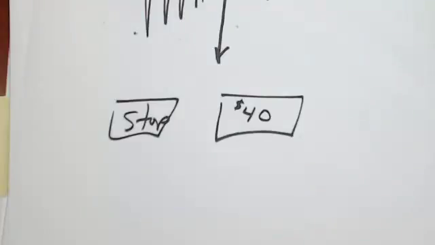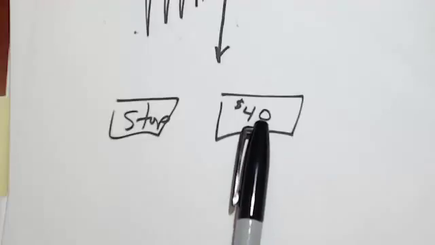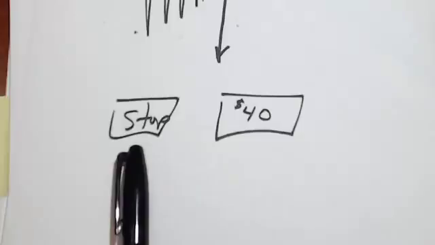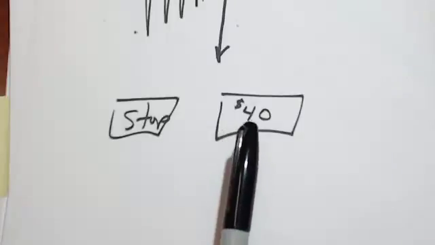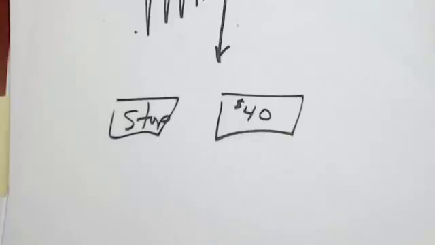The stop price is a trigger price. What it triggers is, when the market actually reaches $40 a share, it triggers a market order. So when you put a stop buy order in and the market hits $40, it's going to trigger a market order, which means you're right back to square one with market orders.